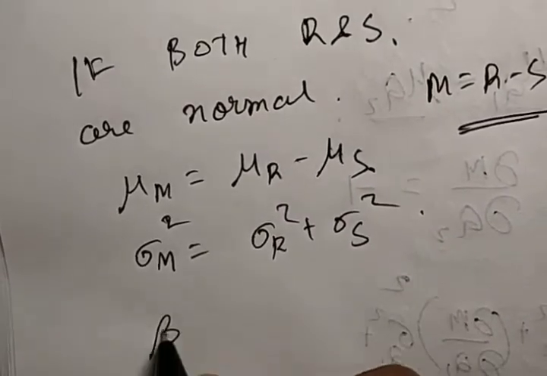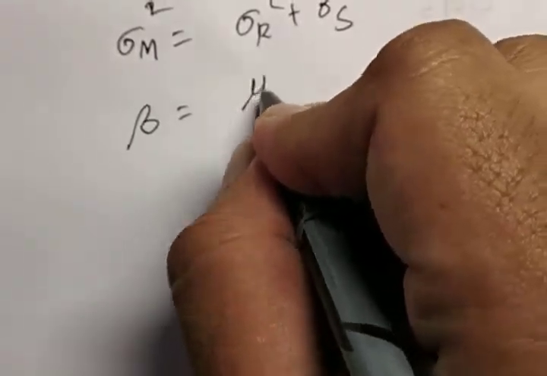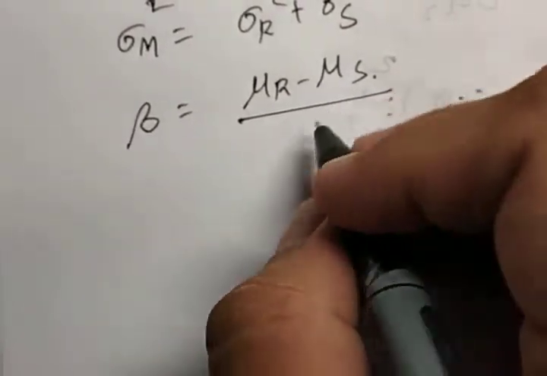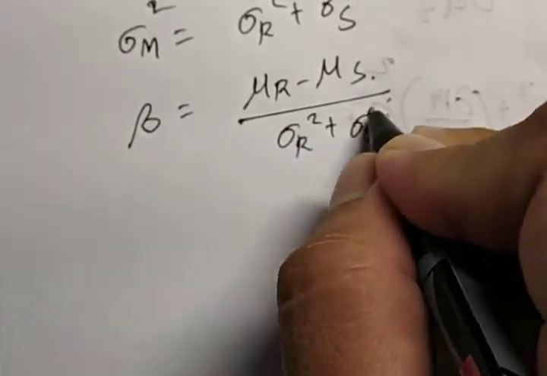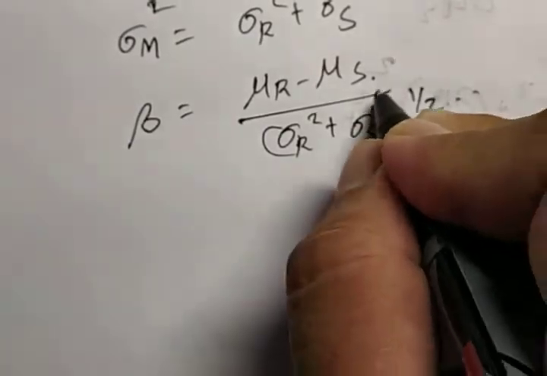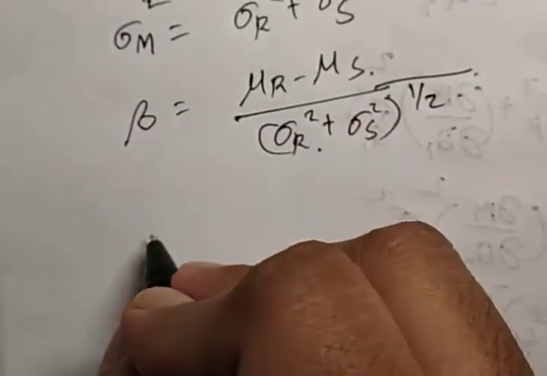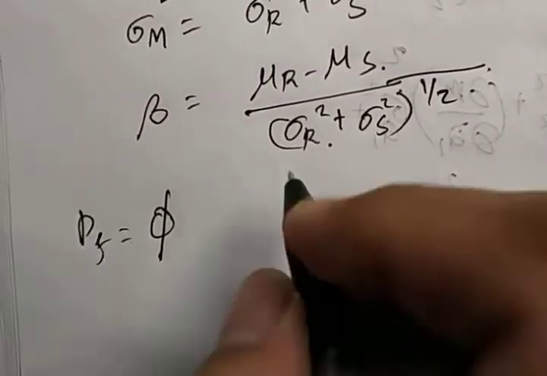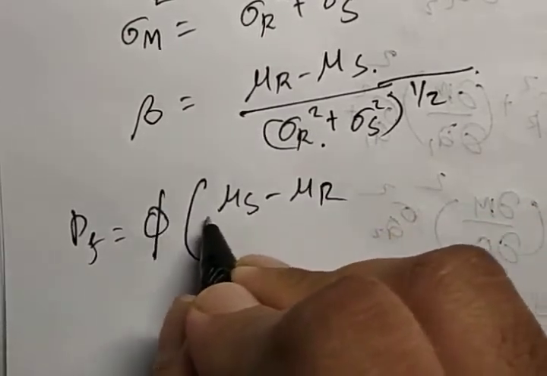In that case, beta equals mu R minus mu S divided by sigma R square plus sigma S square whole to the power half, which means root under of this one. Okay, so this is beta, and the probability of failure would be phi of mu S minus mu R, because I have a minus here.